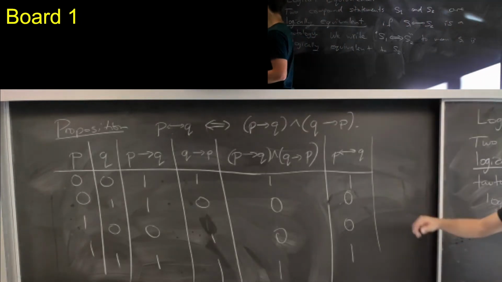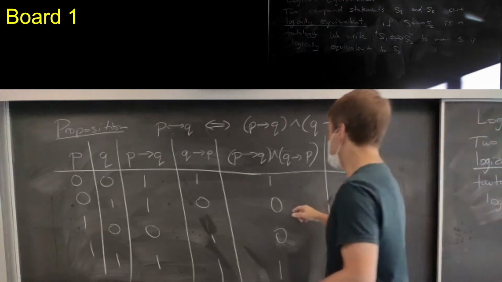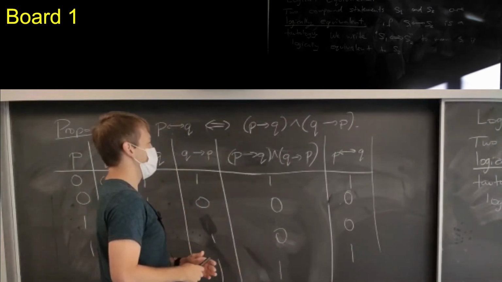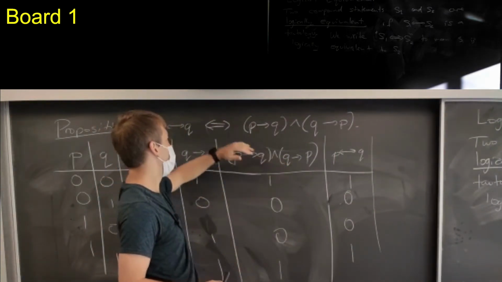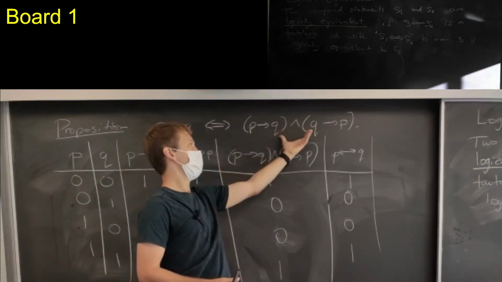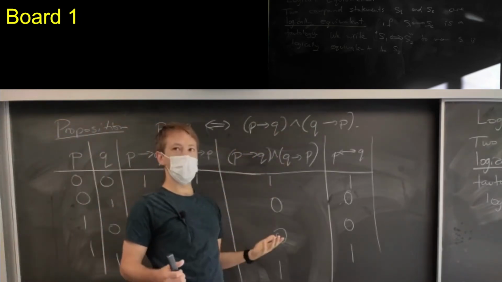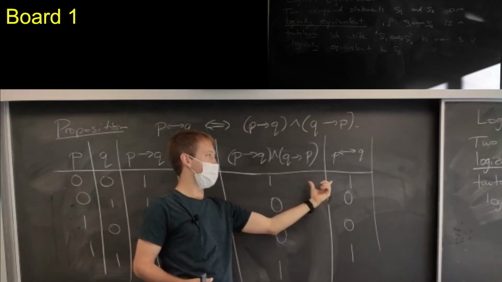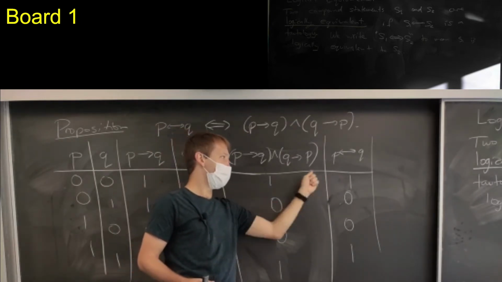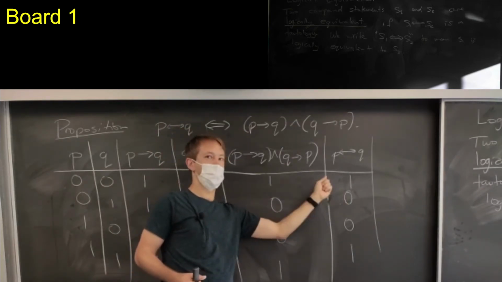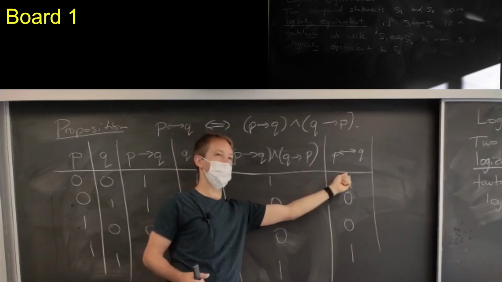Oh, yeah, the last step. So what you want to do, the last thing to do, so we end up with two things on either side of this. To know that they're logically equivalent, what you need to check is that for every row, the values match. So whenever this one's true, this one's also true.